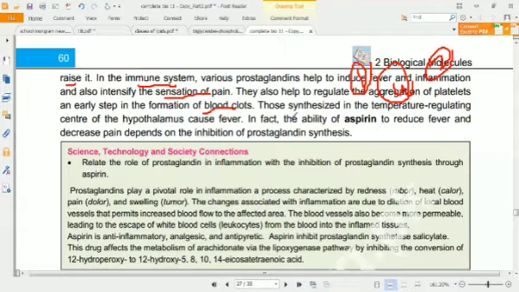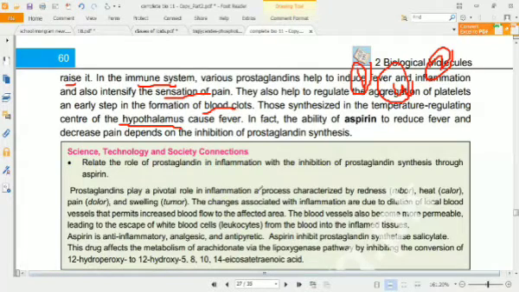Prostaglandins are also synthesized by the hypothalamus, because the temperature regulating center is present in the hypothalamus, so they cause a fever. All these things are very important for regulating our body processes.